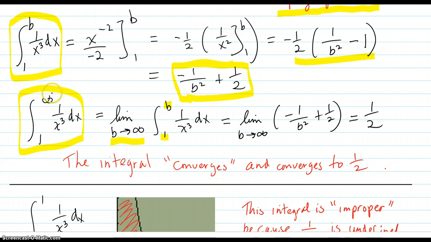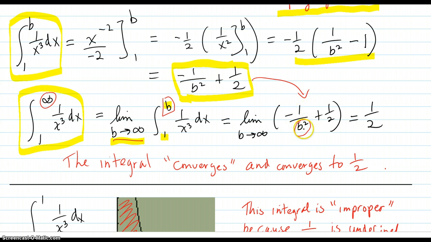This infinity is really not even proper to put there, but you can certainly put b and then let the limit as b goes to infinity. Then that equals what it was simplified to earlier. And as you can see, as b goes to infinity, this b squared gets very large, going to infinity.